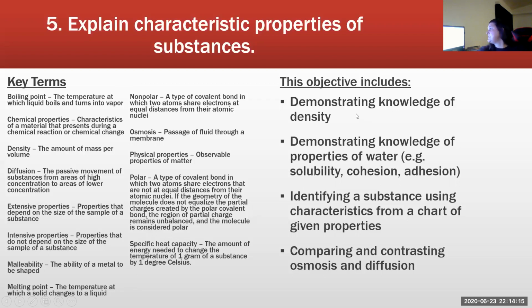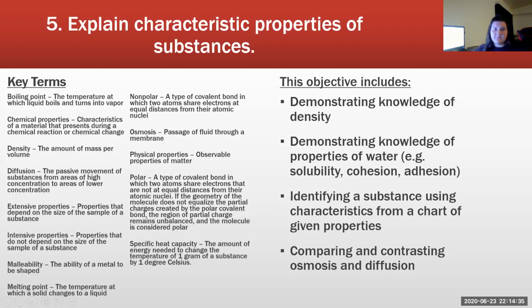But you need to demonstrate the knowledge of density, and the properties of water, for example, solubility, cohesion, and adhesion. Identify a substance using characteristics from a chart of given properties. And compare and contrast osmosis and diffusion.